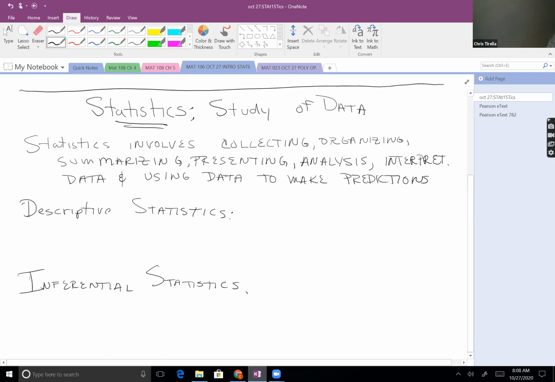Descriptive statistics involves the collection, the organization, the summarizing, and the presenting of the data.